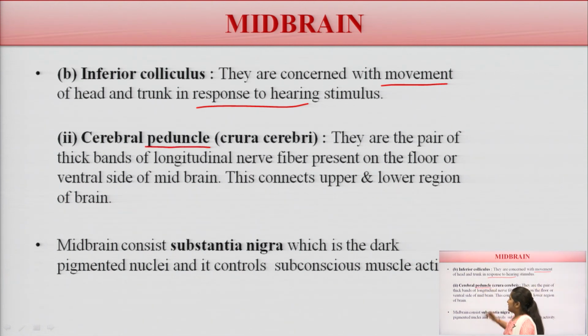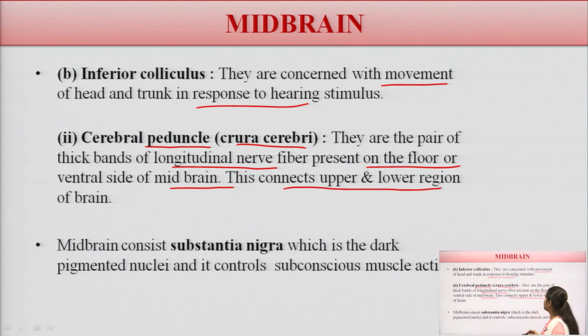Now, the cerebral peduncle is also known as the crura cerebri. It is a pair of thick bands of longitudinal nerve fibers present on the ventral side of the midbrain. This connects the upper and lower regions of the brain.